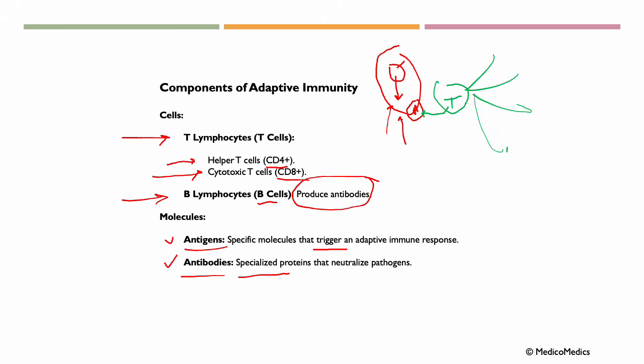One of these events is recruiting B cells. These B cells activate and produce antibodies. These antibodies are very specific proteins, very specialized type of proteins. And these antibodies will always remember to specifically target that antigen.